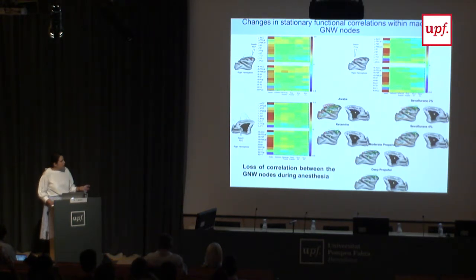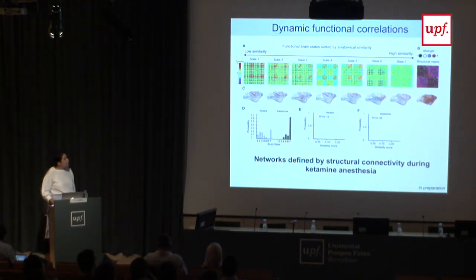But under anesthesia, you have a lot of correlations between the global neuronal workspace nodes, which is schematically represented, even if your monkey is doing no task at all.